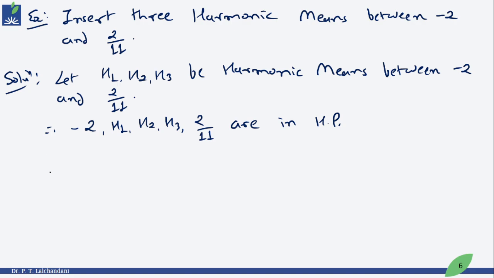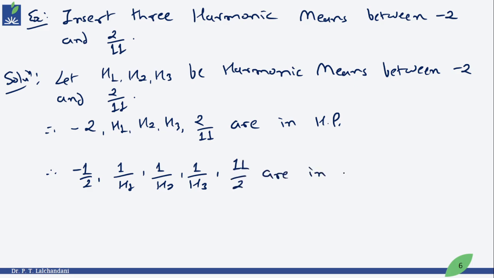So by definition, -1 upon 2, 1 upon h1, 1 upon h2, 1 upon h3, and the reciprocal of 2 by 11, that will be 11 by 2, are in arithmetic progression.